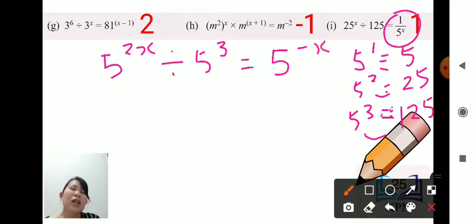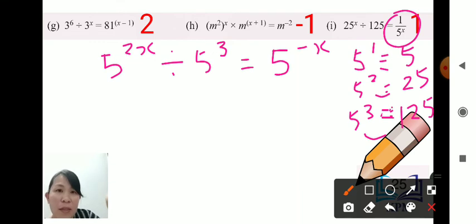Change all to the same base first, then sometimes it has the index of 0, sometimes the index of 1, sometimes it is in the negative index form. So you have to find a suitable law of indices, then apply it to solve the problem.